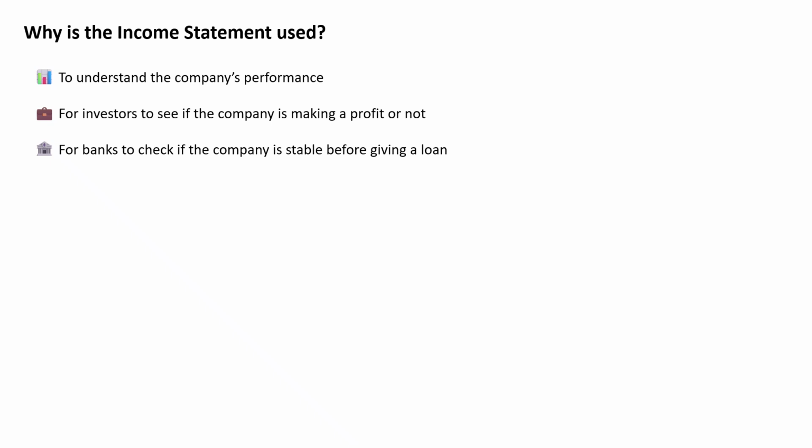It is used by banks to check stability before giving loans. Then companies also use it to track where things are going wrong, like if expenses are too high or profits are falling. In short, it's a powerful tool, not just for accountants, but for anyone interested in businesses or investing.